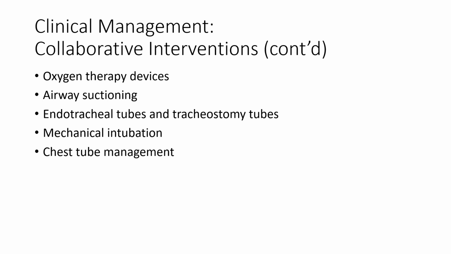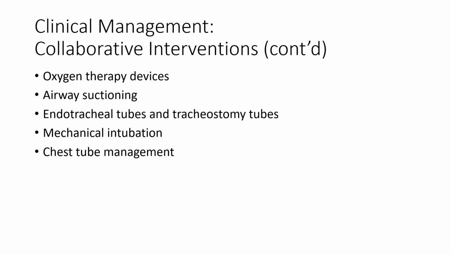It's also a good way to suction somebody, and it's for those people who need more time on the ventilator but can't tolerate the endotracheal tube anymore. We're seeing that much more commonly now with COVID. People are getting trached and getting feeding tubes much earlier than they used to.